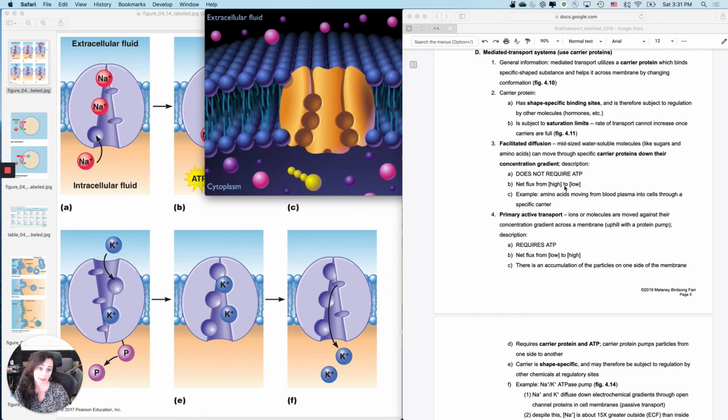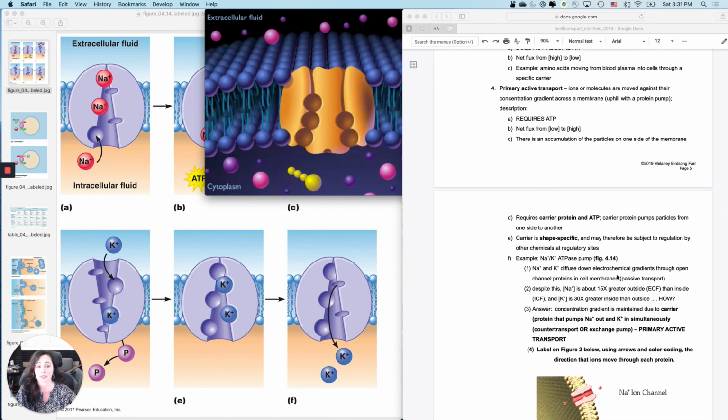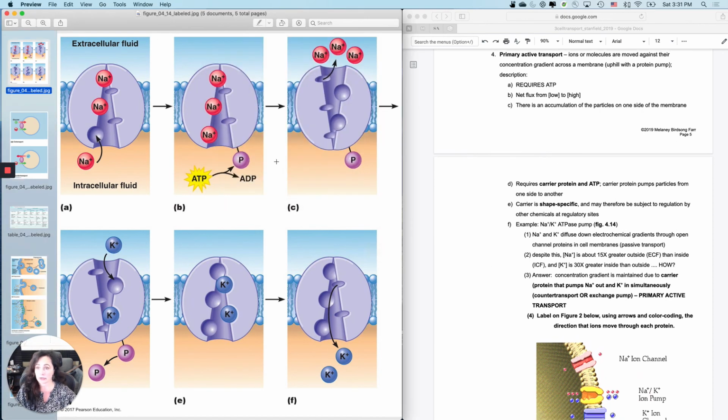And now what we're going to do is go to something that's really fundamental to understanding the next set of notes. It's called primary active transport, and with primary active transport, it's still mediated transport, so it's still using a carrier, and here's the one that we're going to learn today. But it's active transport because I'm not diffusing something, I'm moving it against its concentration gradient.